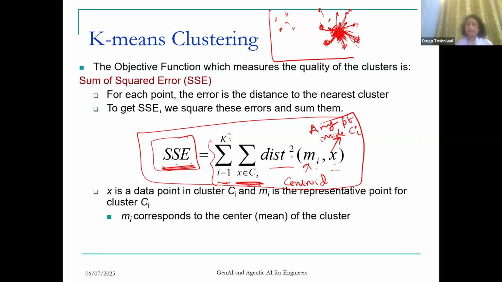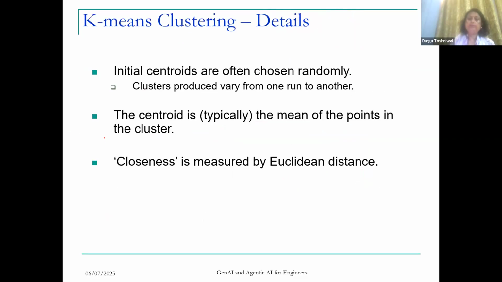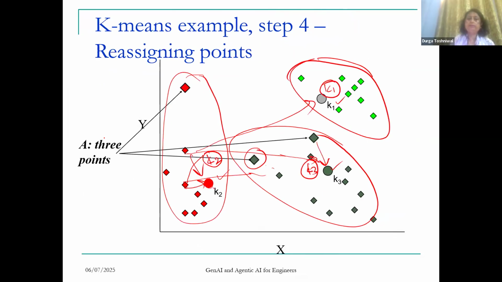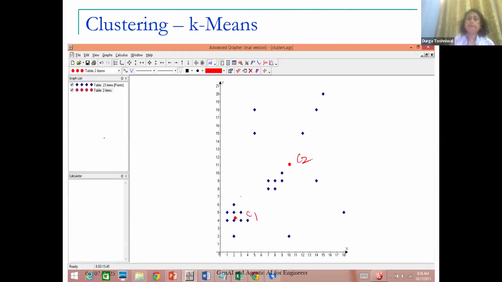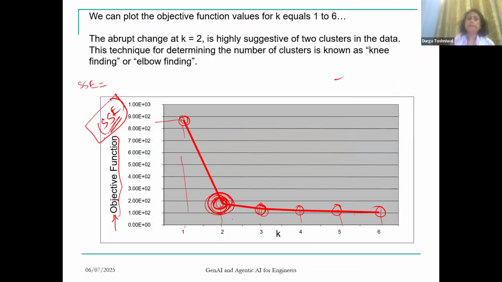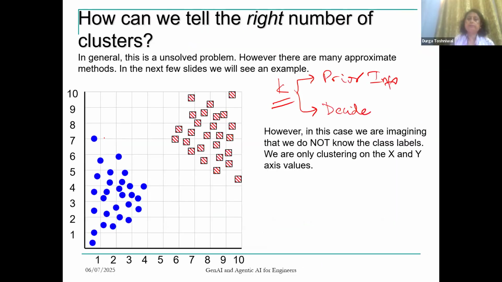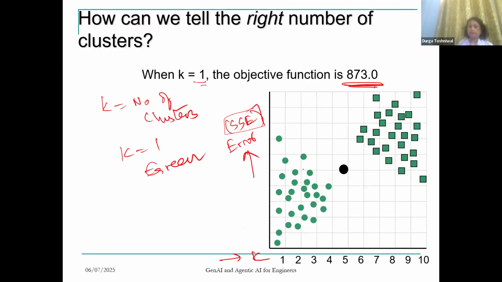Now when we take a value of k equal to 1, let's say, I can show you with this example here. Given this set of points, I took k equal to 1. Now I'm going to find the value of the objective function. You can see if k is equal to 1, the average of all these points is coming out here.